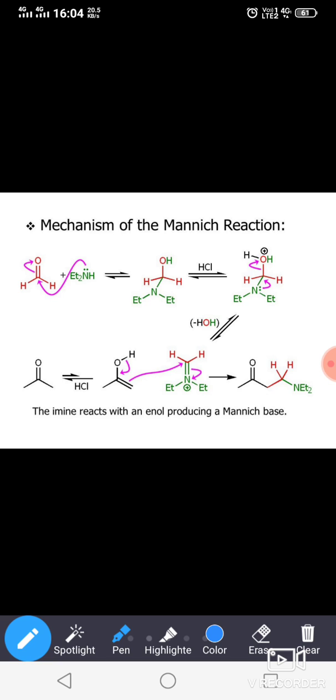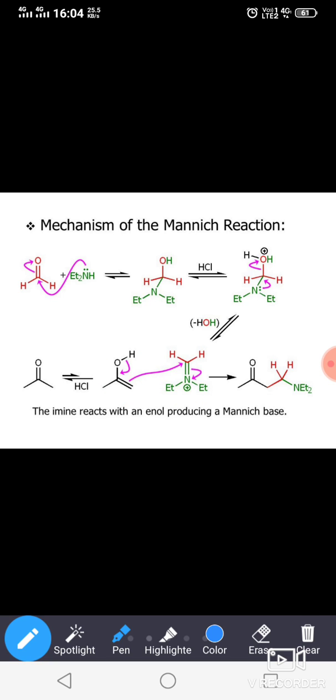If you remember, we have studied enolization with respect to the acid catalyst and with respect to the base catalyst. So when you add the acid catalyst, it will form the enol. So this is the enol form of the acetone. Now you have generated the enol, and you have formed this iminium ion compound.